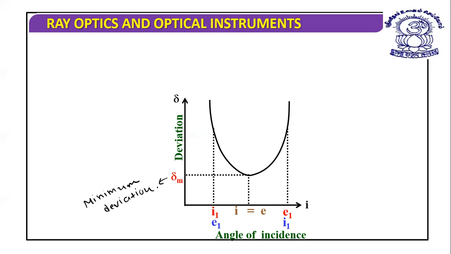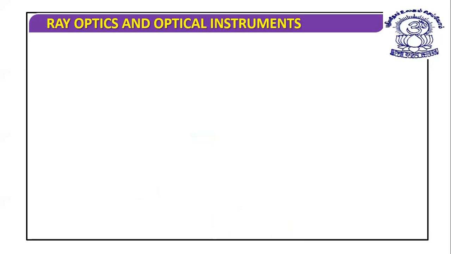When deviation is minimum, I and E will be the same. Angle of incidence is equal to angle of emergence. If angle of incidence is equal to angle of emergence, then we can also write that R1 is equal to R2.